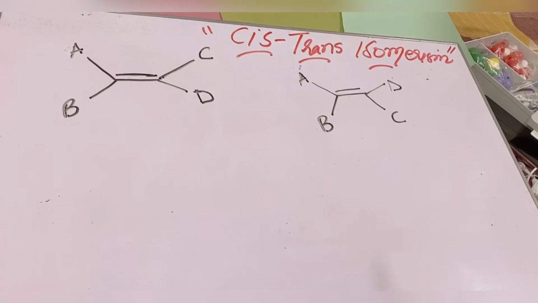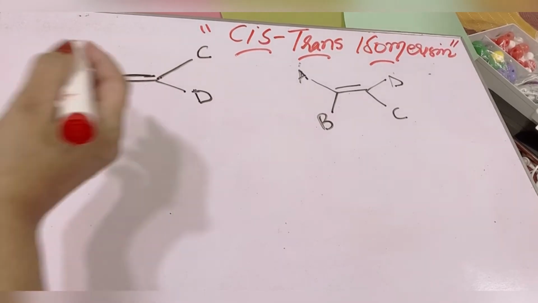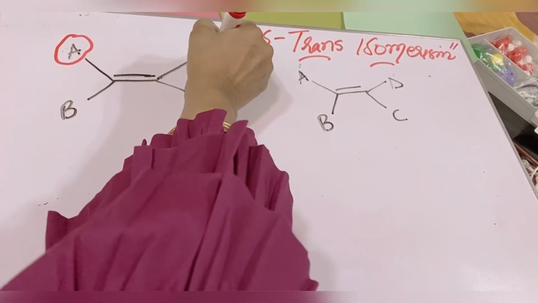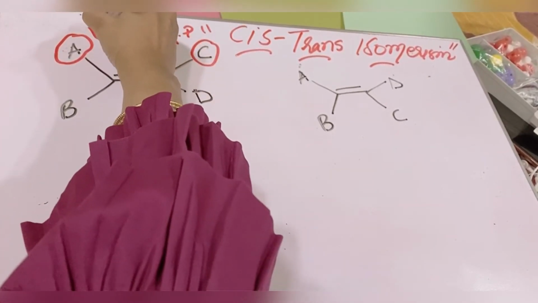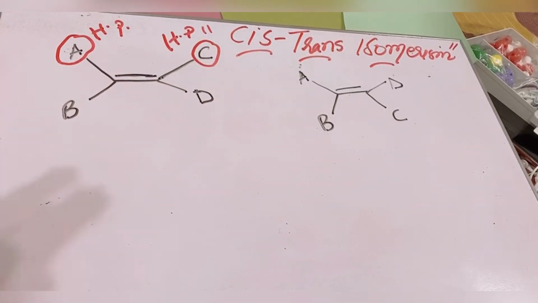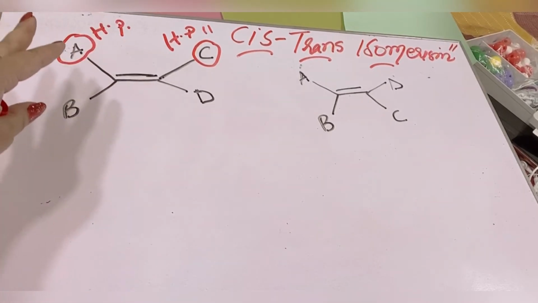See, so now here the higher priority groups are A and C. They are higher priority. Higher priority groups are on the same side of the double bond, right?